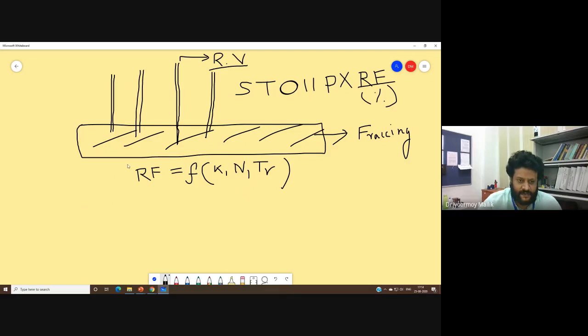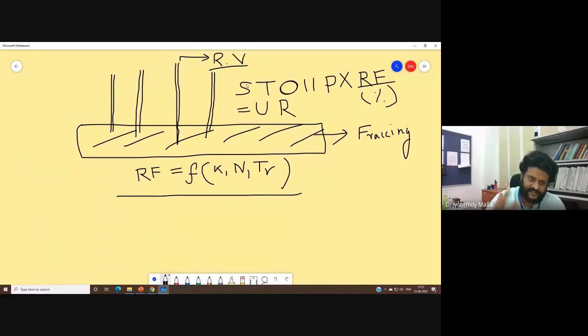All these things will determine how much recovery factor I will have, and then I will multiply that with my STOIIP to find out something called UR, or ultimate recovery. This is the amount of oil or gas that will come out of the reservoir, which is of our use. So STOIIP is something which is theoretically present inside the reservoir, and UR, the ultimate recovery, is the volume that comes out to the surface, right?